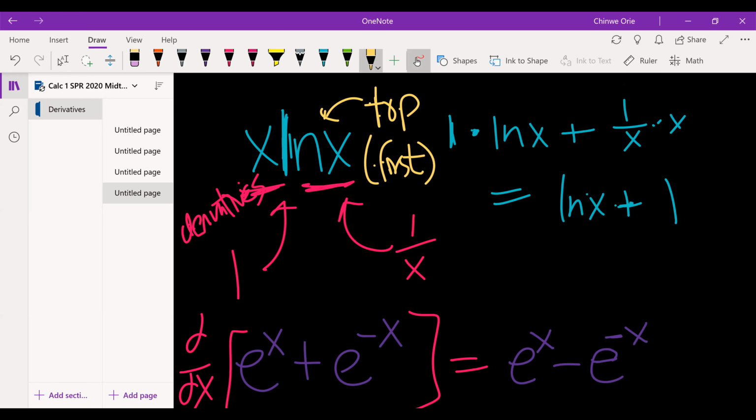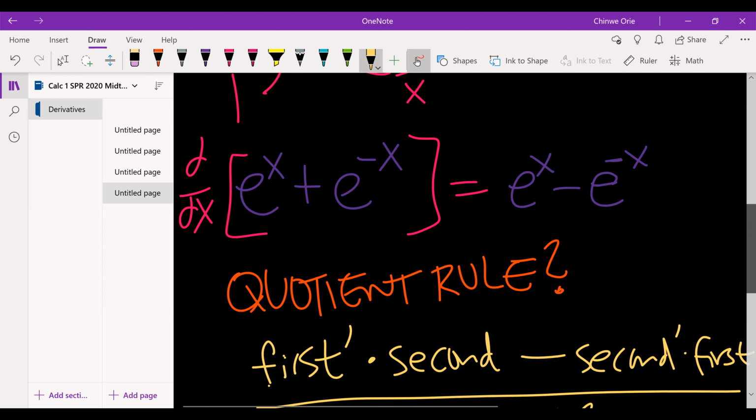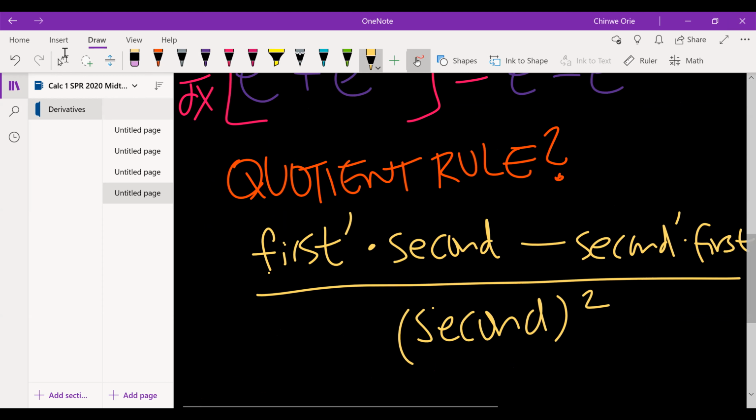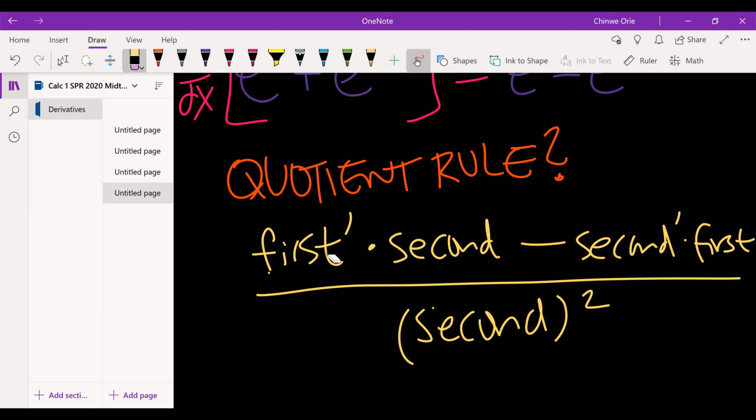And let me rewrite all that stuff on the bottom. Let me rewrite this because this is not the best way to write it.